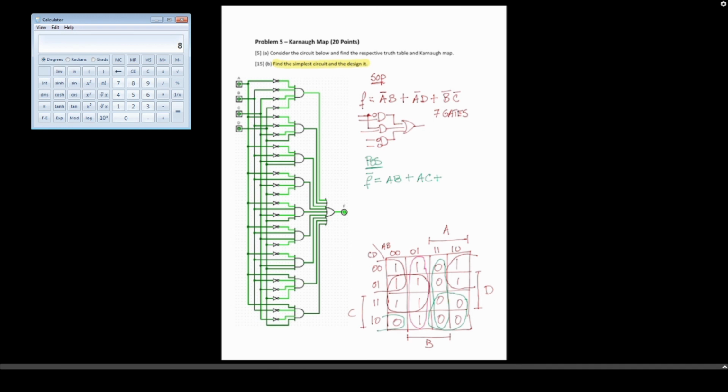So I can do D0 with D0, and I get B naught, C, and D naught.